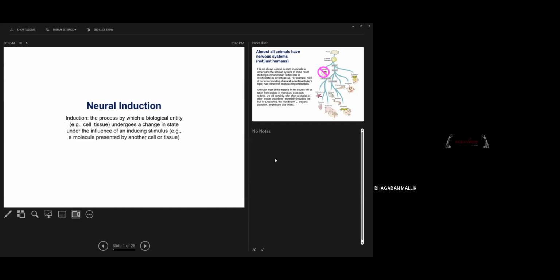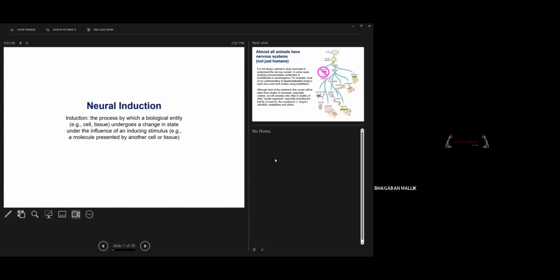Similarly, neural induction refers to the change of cells or tissue under the influence of a specific stimulating factor. You are changing them into nervous tissue, like the nervous system. You are changing them to nerve cells.